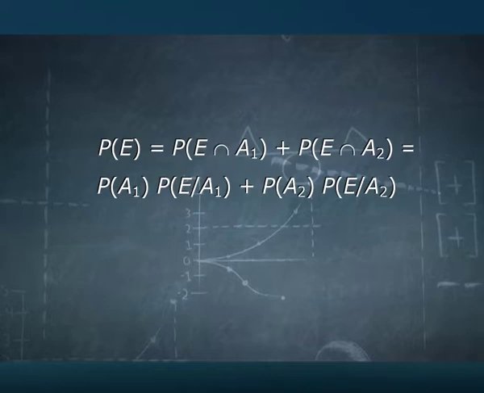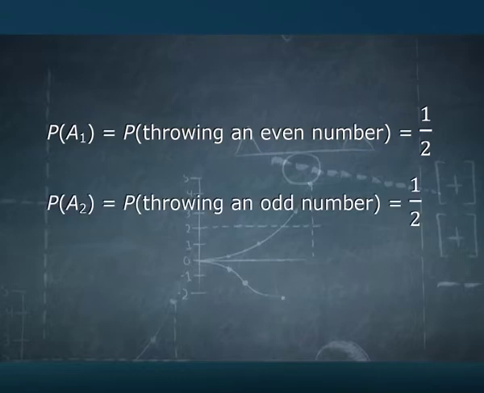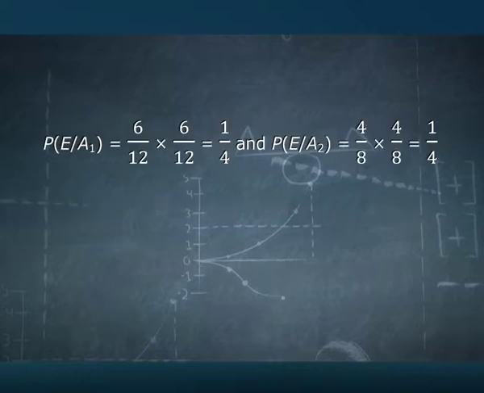probability of E given A2. Now probability of A1 is equal to the probability of throwing an even number, that is equal to 1 by 2. Probability of A2 is equal to the probability of throwing an odd number, that is again 1 by 2. So probability of E given A1 will be equal to 6 by 12 times 6 by 12, so that is equal to 1 by 4.